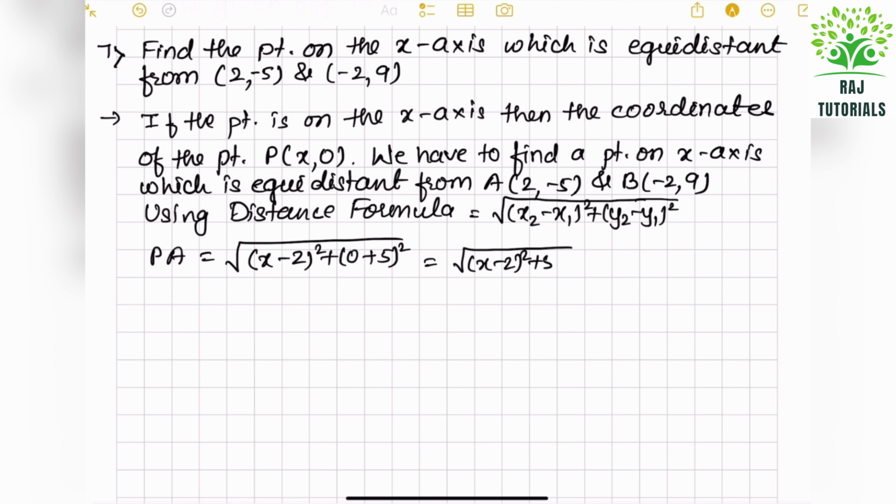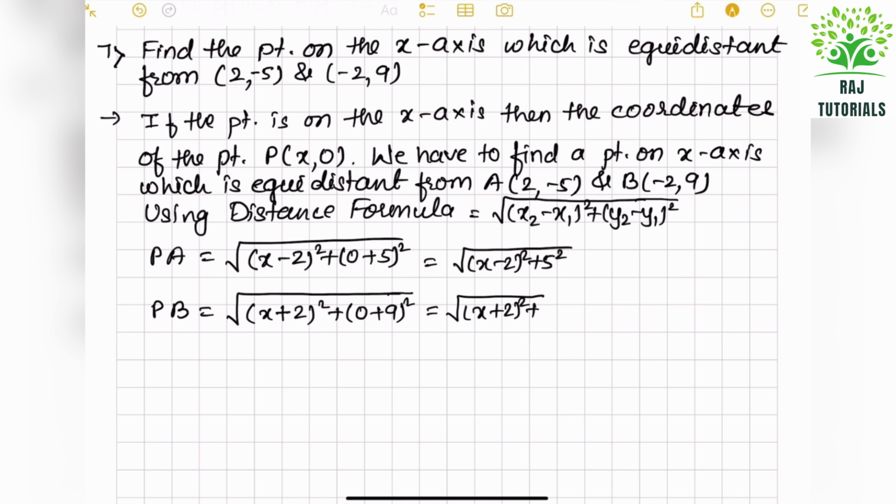So this will be root of (x minus 2) whole square plus 5 square. Now PB will be x minus of minus 2, so plus 2, plus 0 minus 9, so minus 9. So that will be (x plus 2) whole square plus 9 square.